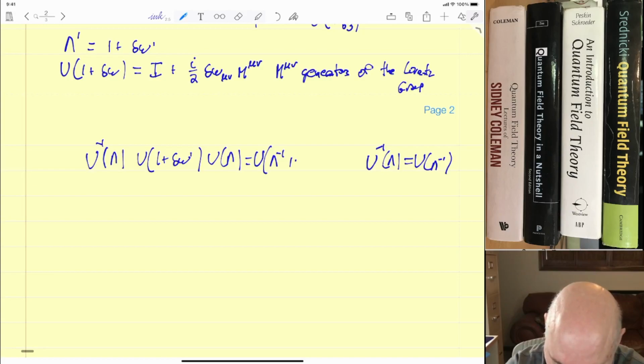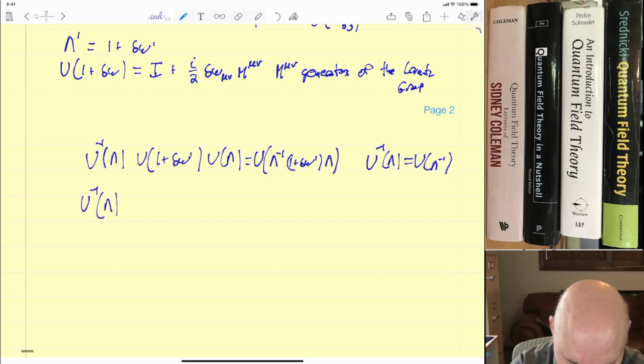Then I have 1 plus del omega prime. Then I have lambda. And now I have u inverse lambda. We'll substitute in this equation over here. We'll substitute in that.